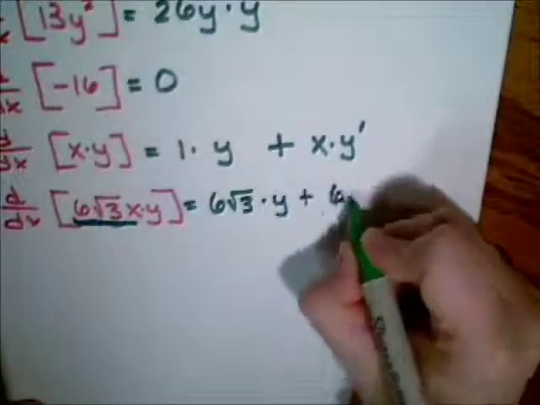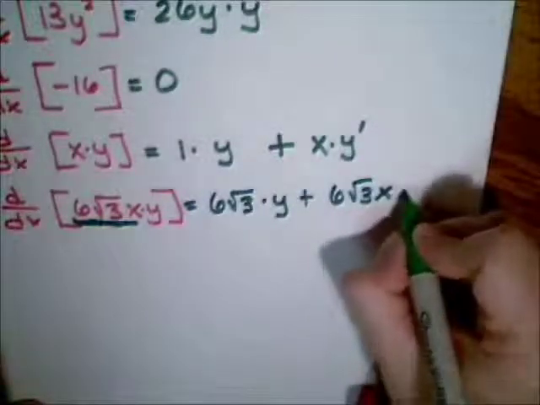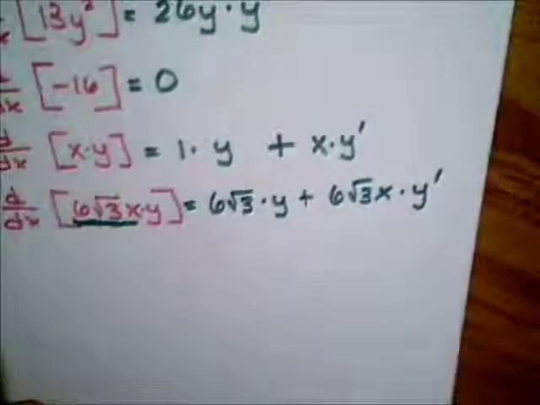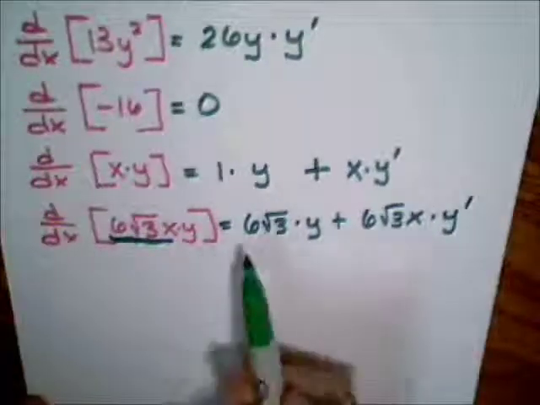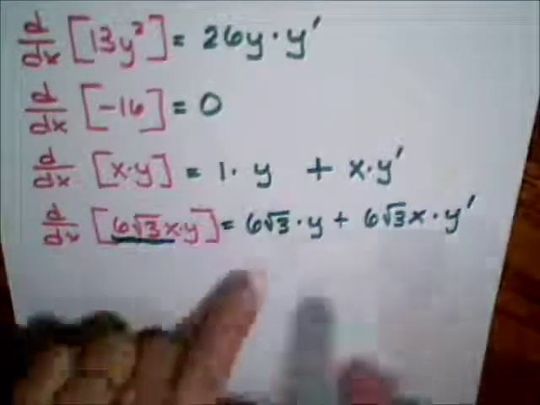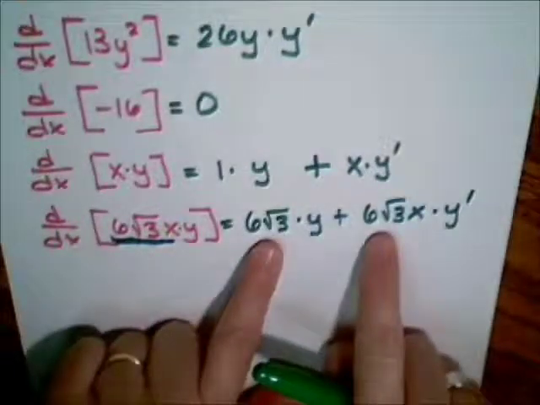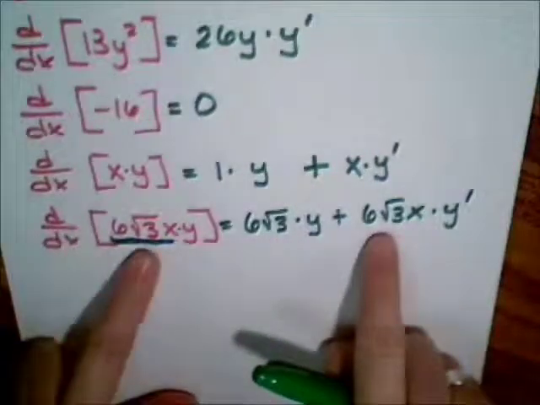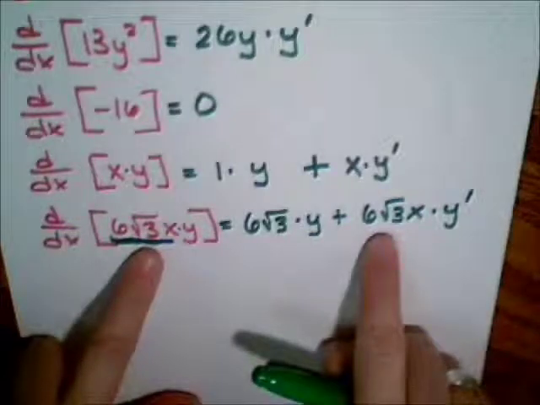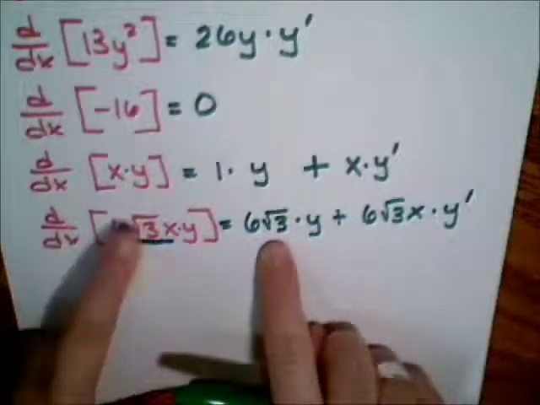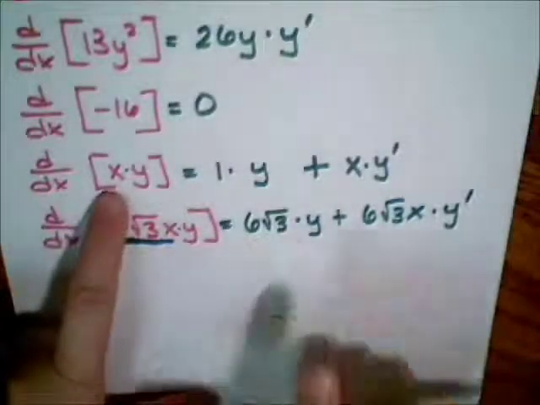Then we'll leave the first factor alone and just take the derivative of y. So do you see how that differs from the derivative above it? The derivative of the last example is just 6 square root 3 times the derivative of the previous example.